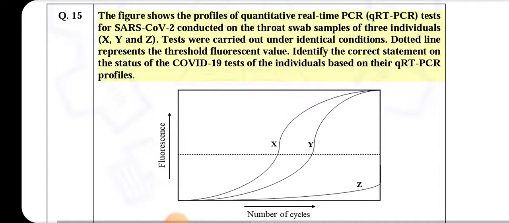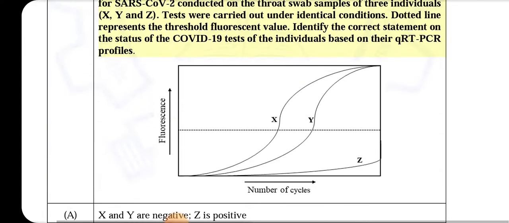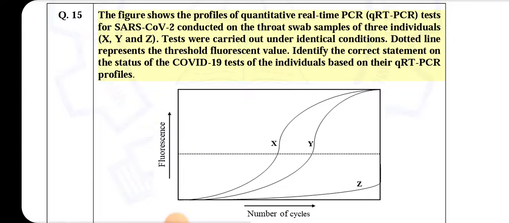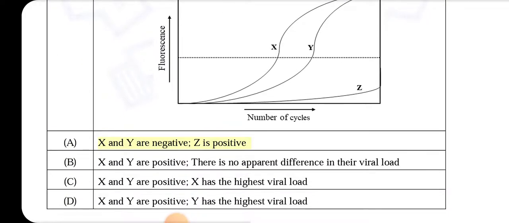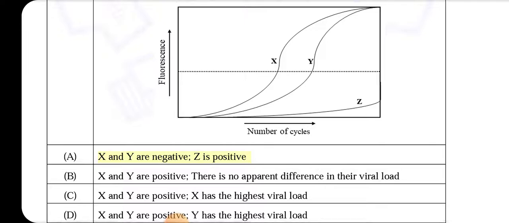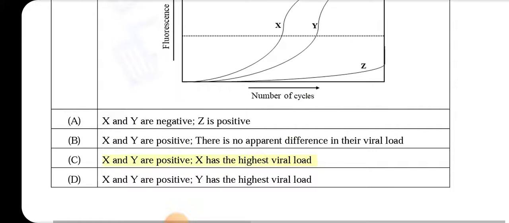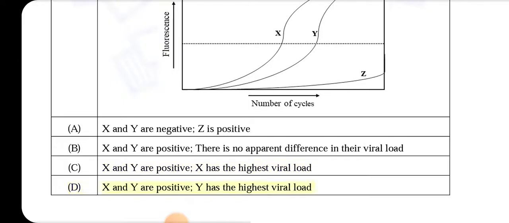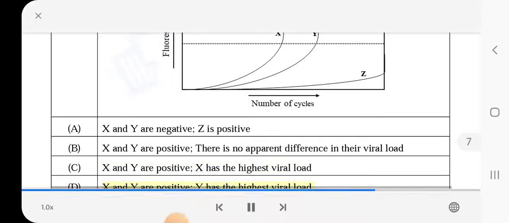Identify the correct statement on the status of the COVID-19 tests of the individuals based on their qRT-PCR profiles. A. X and Y are negative, Z is positive. B. X and Y are positive, there is no apparent difference in the viral load. C. X and Y are positive, X has the highest viral load. D. X and Y are positive, Y has the highest viral load.